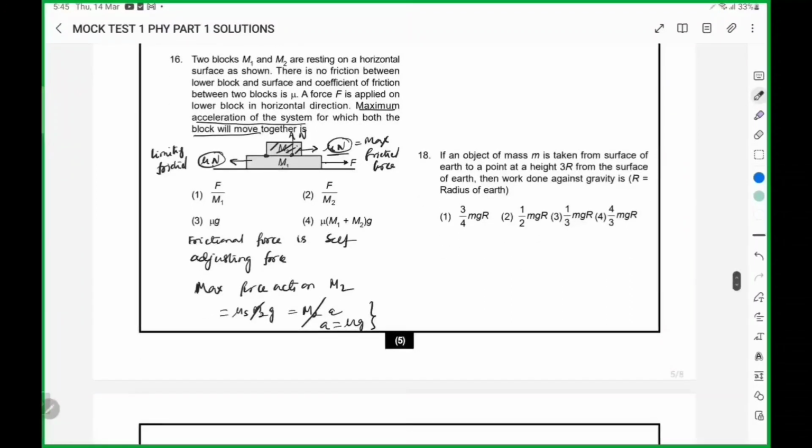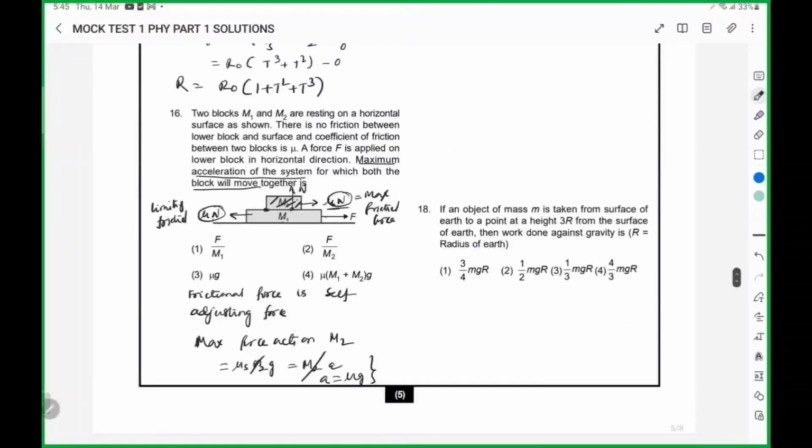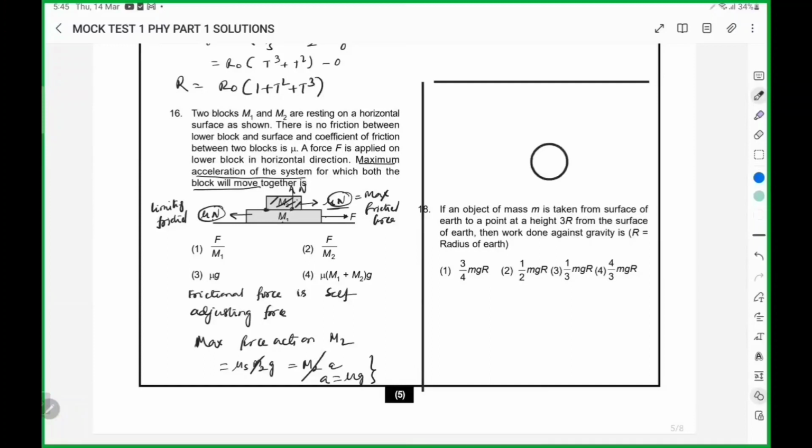An object of mass m is taken from the surface of the earth to a height 3R from the surface.